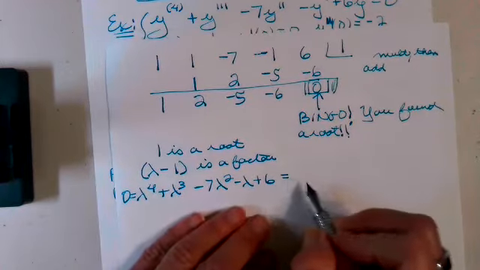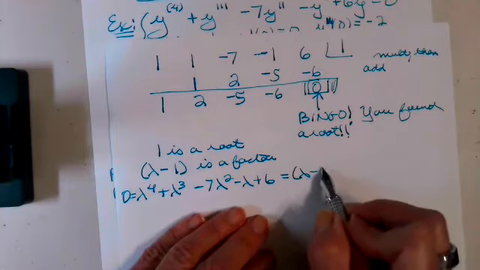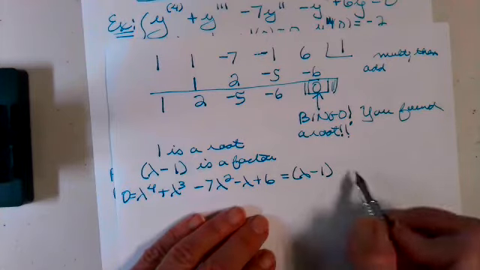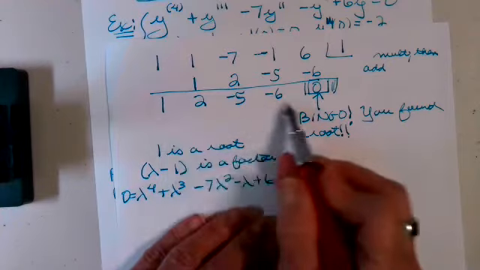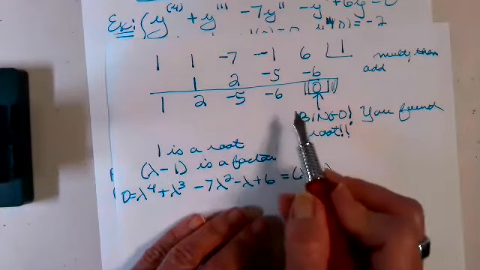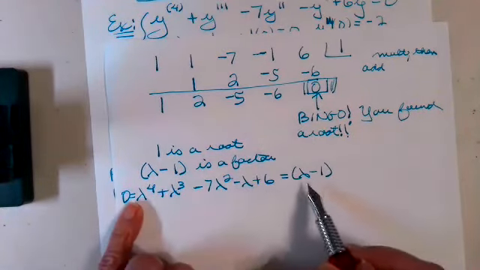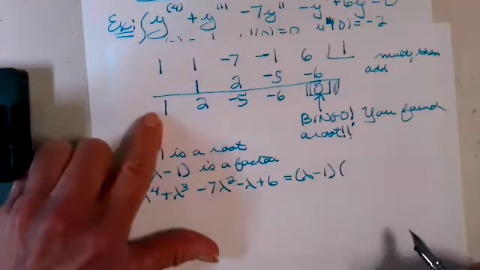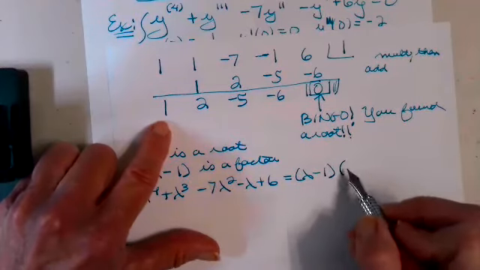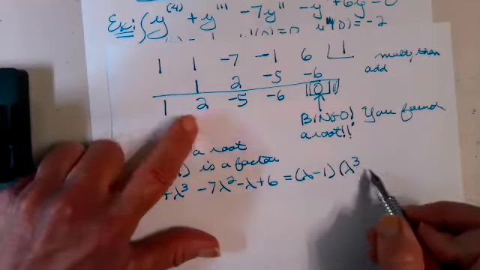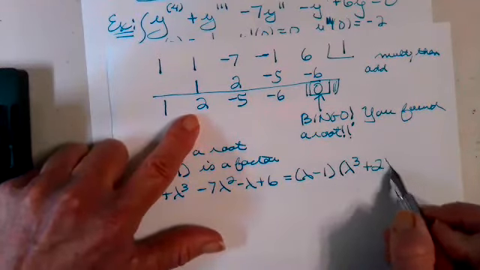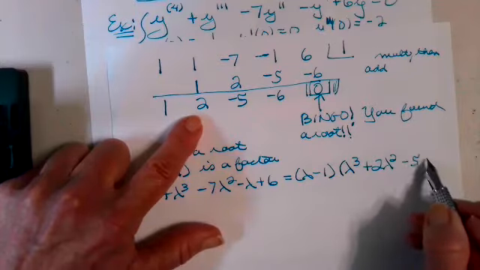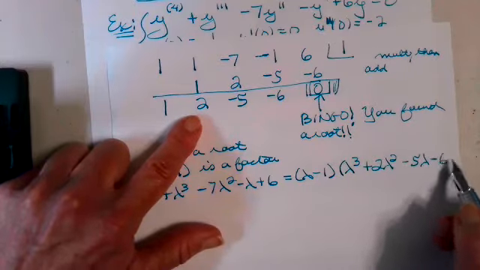Okay, so now we know that lambda minus 1 is one factor, but how do we know times what? These things tell you what the other terms are. So you started with a fourth order equation, you factor out a lambda minus 1, and so this one starts with the third order. So this is the coefficient of the third order. So it's 1 times lambda cubed plus 2 times lambda squared minus 5 times lambda minus 6.